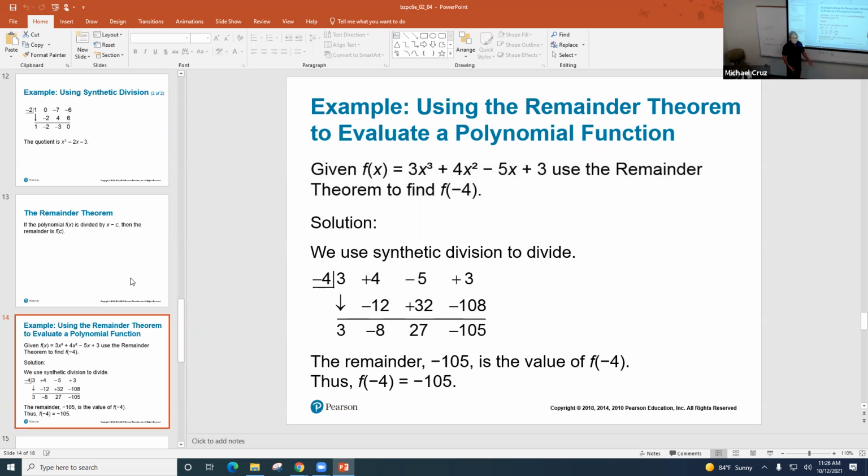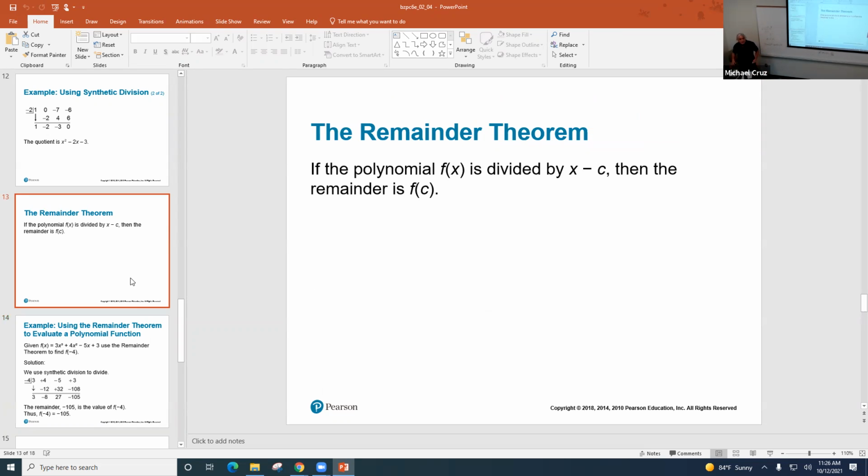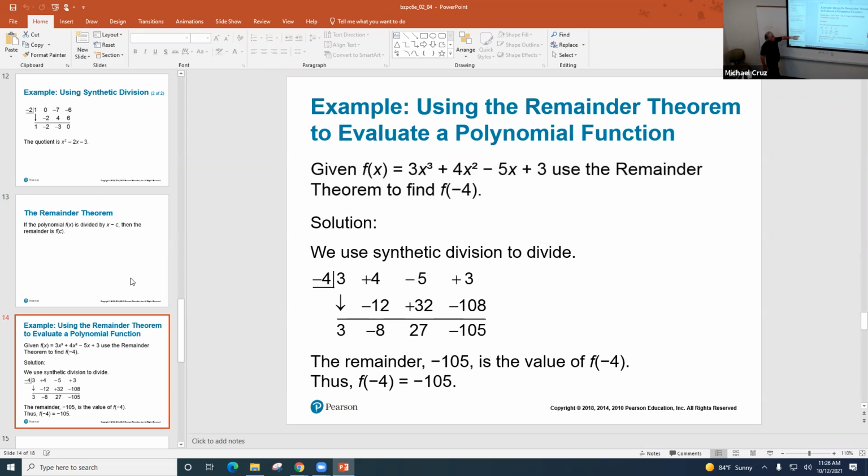So that's kind of what we were doing previously. If it's not a 0, then it's got a remainder. But the remainder theorem here just tells us that if we put a value in and divide it using synthetic division, then whatever's left over, whatever that remainder is, is the functional value of what our divisor was. All right, let's look at one on the board.